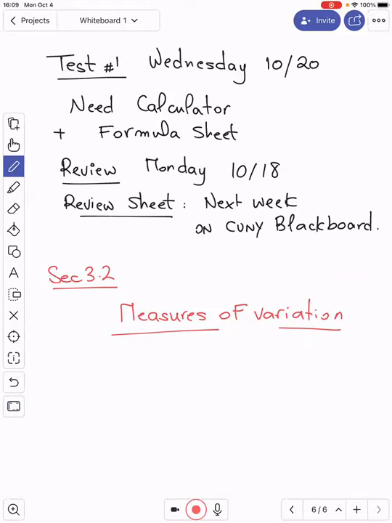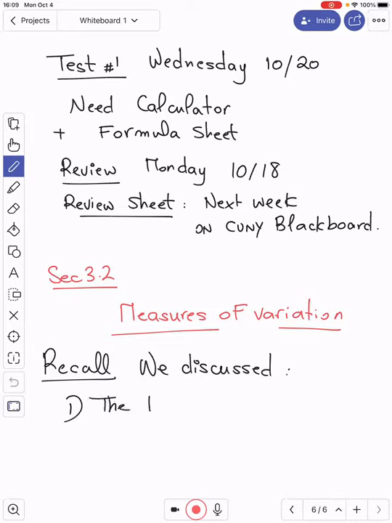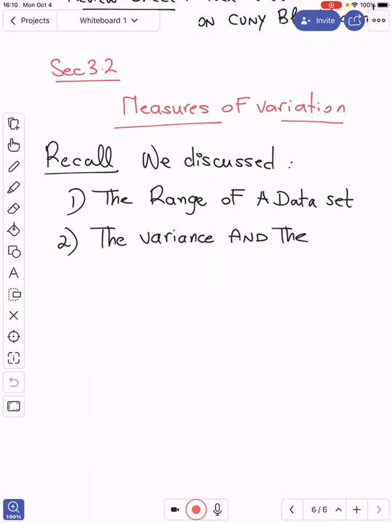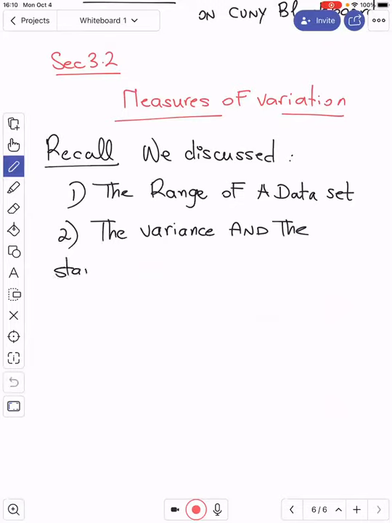Just to remind you what we did last week, we discussed first the range of a data set, and then, of course, the standard deviation and the sample variance.